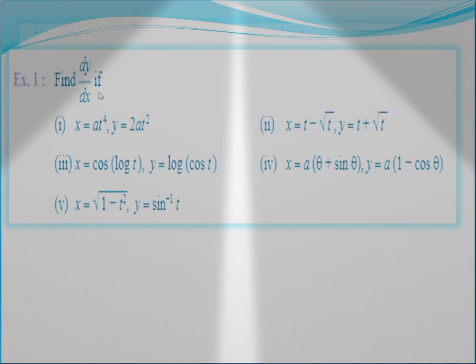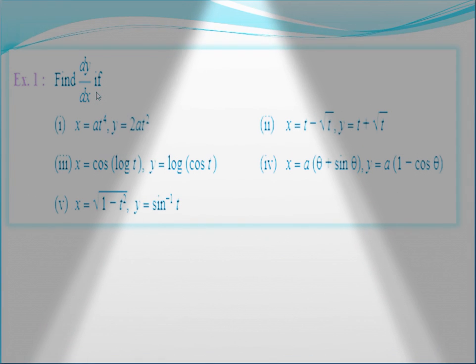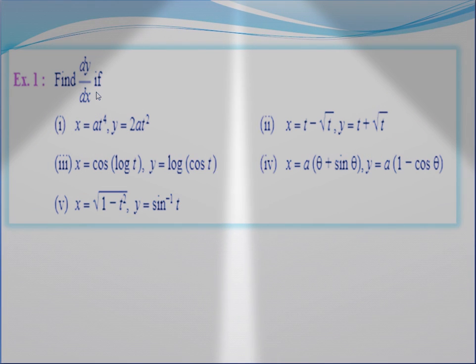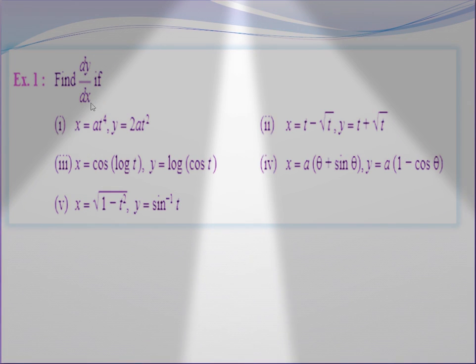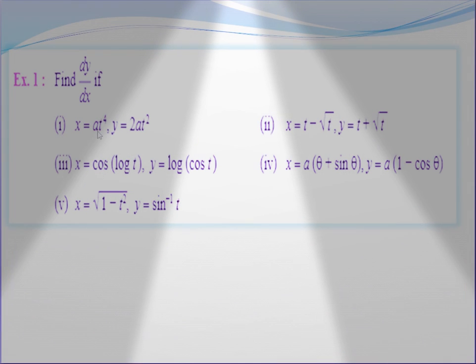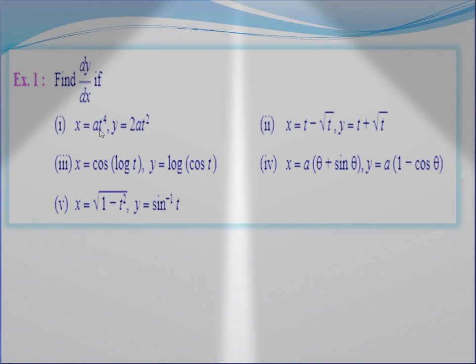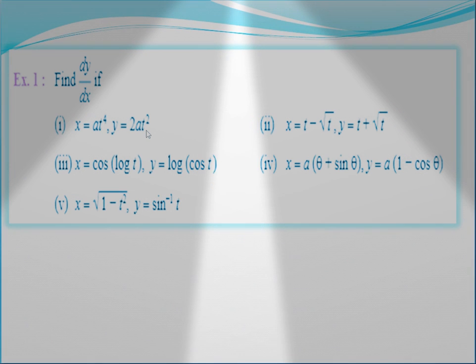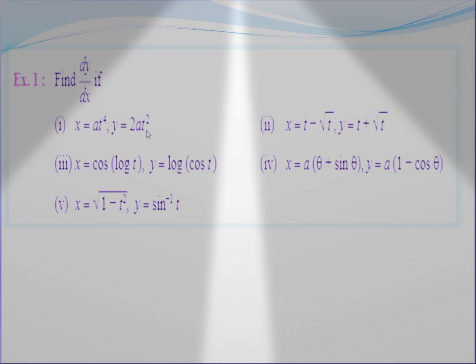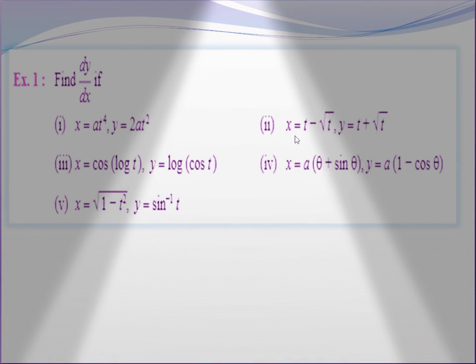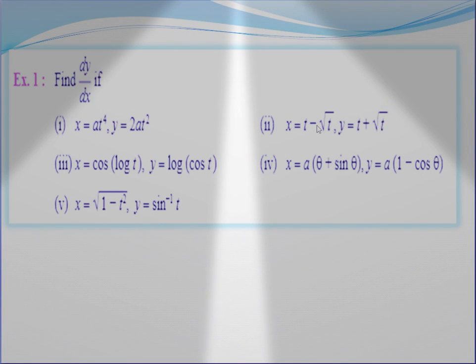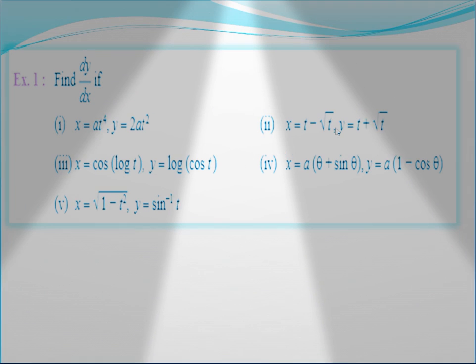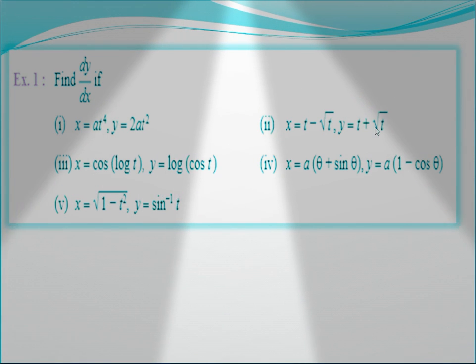Now we see some examples on the parametric rule. Examples are: find dy upon dx if, number first, x is equal to a into t raised to 4 and y is equal to 2 into a into t square. Example number second, x is equal to t minus root t and y is equal to t plus root t.